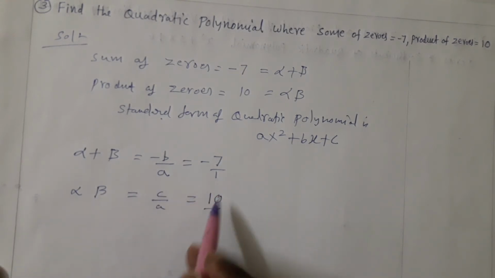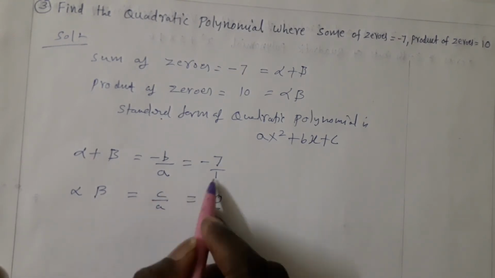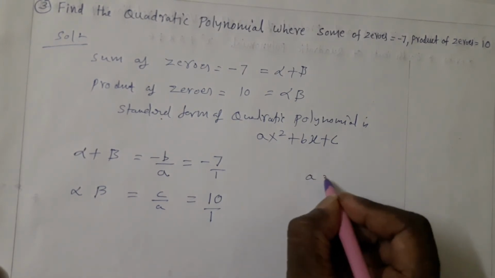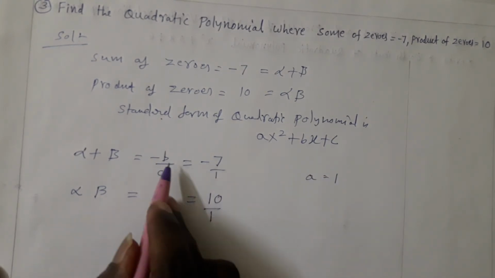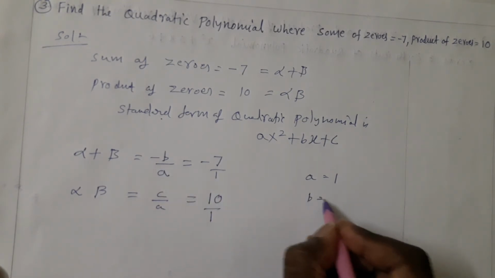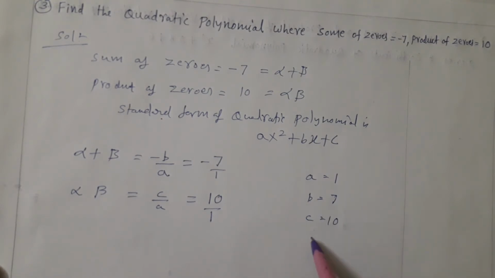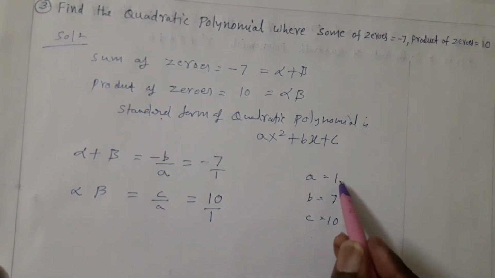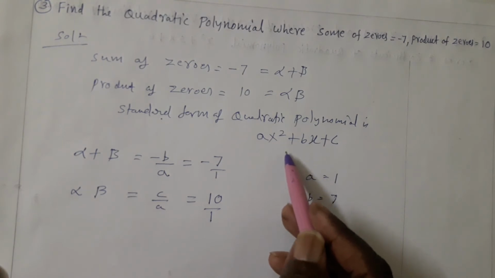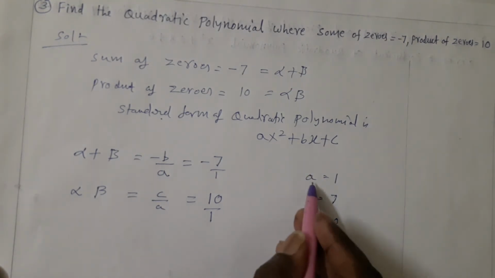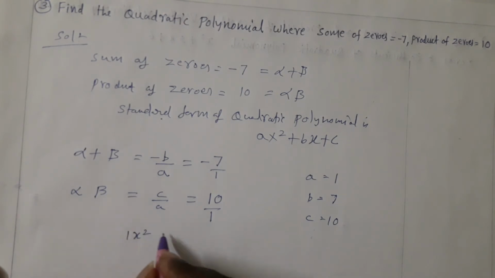As per the equation, a is equal to 1. Minus b is equal to minus 7. b is equal to plus 7. c is equal to 10. Substituting these values in this equation, we get the quadratic polynomial 1x square plus 7x plus 10, that is x square plus 7x plus 10. This is the answer.